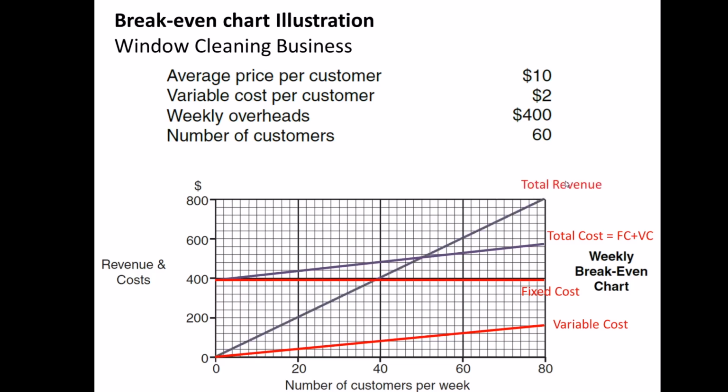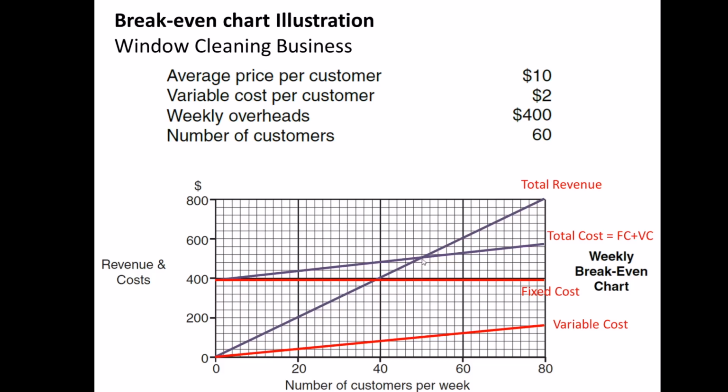Just like this, by lining this point and this point together, you are able to find the total revenue curve. So where is the break-even point? Yes, somewhere around here. The intersection point is your break-even point.